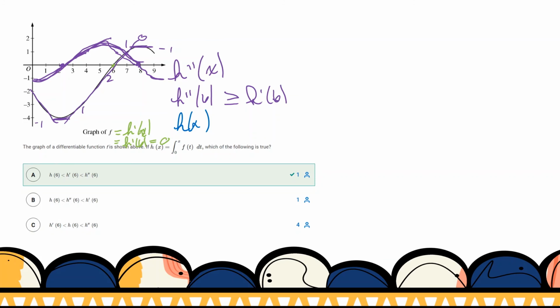First of all, everywhere that the derivative is negative, we know that the function was decreasing. So this function was decreasing all over here. And then the function was increasing. And so we see that h of 6 is a critical point, or a turning point in the graph.